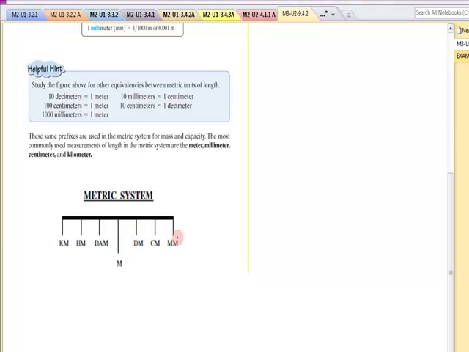To the right, these are fractions: decimeter, centimeter, millimeter. To the left, decameter, hectometer, kilometer. Okay, so they all deal with meters, but this is a tenth, a hundredth, a thousandth. This is 10, 100, 1,000. To convert within the metric system, you can use this.